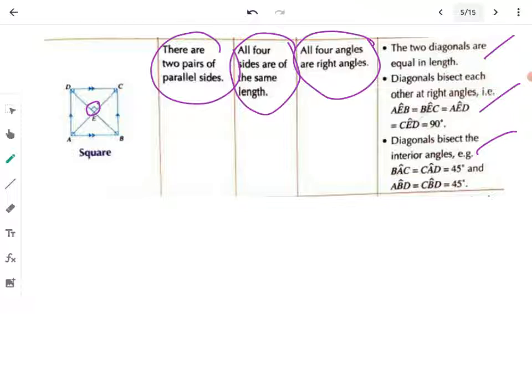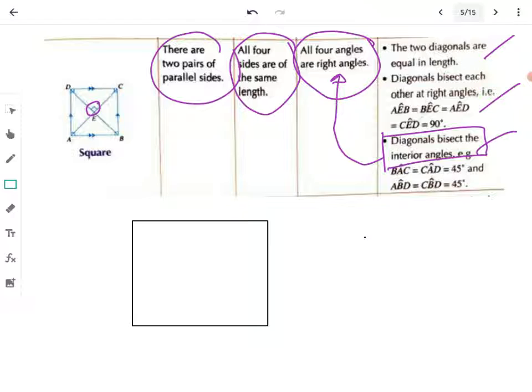Now, here's the interesting part. Notice that the diagonals bisect the interior angles. And if we connect that here, since all four angles are right angles, and we know that right angles are 90 degrees, if we draw a diagonal, it will bisect the 90 degrees. So let us say that we have a square here.